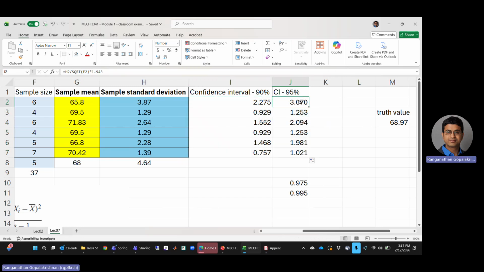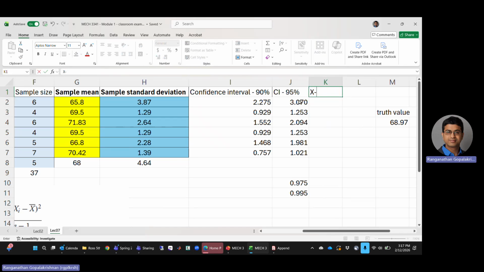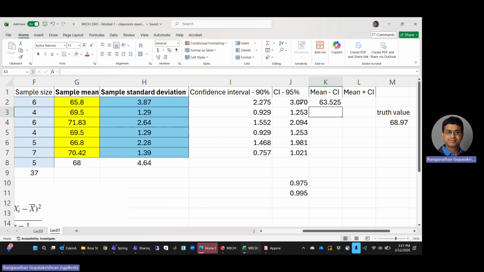Okay, so you have a confidence interval for 90 and 95%. I'm going to write mean minus CI and mean plus CI.